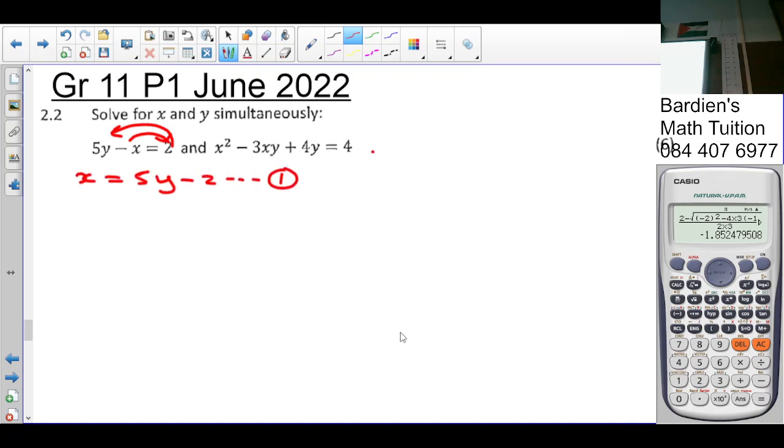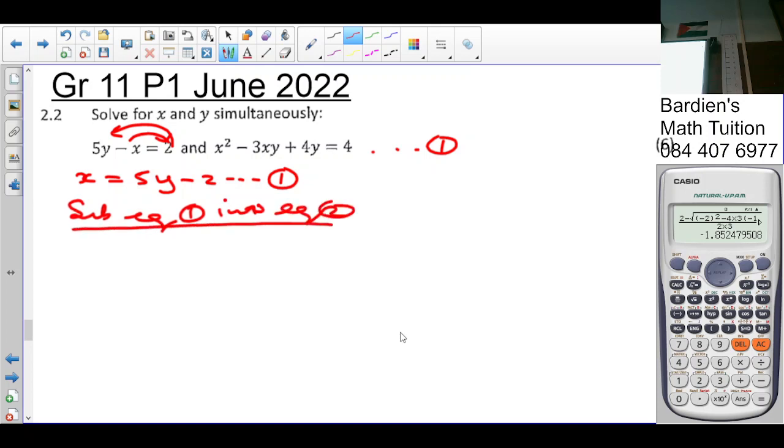That's equation 1, and we call this equation 2. So you'll substitute equation 1 into equation 2. Alright, so if I see an x, I put there 5y minus 2: 5y minus 2 squared minus 3y into 5y minus 2 plus 4y equals 4.